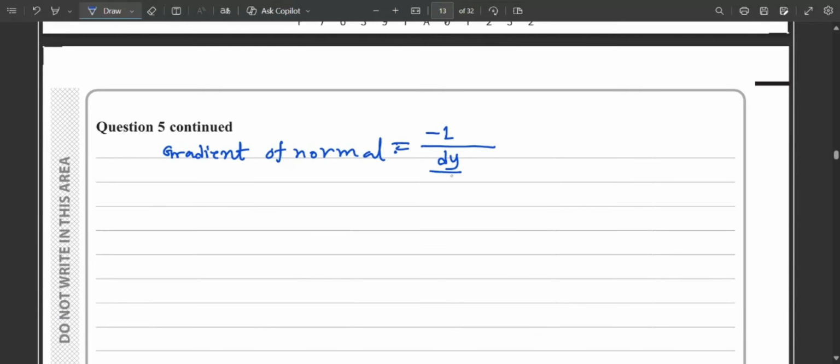So I can do minus 1 divided by minus 4 by 5, and this will give me 5 by 4 as the gradient of the normal at P.